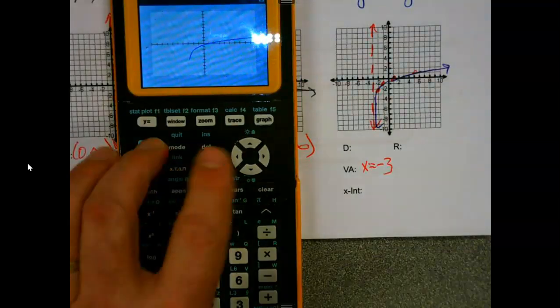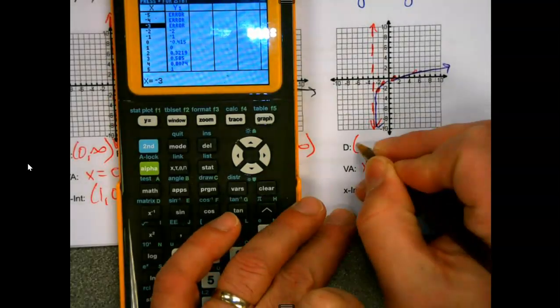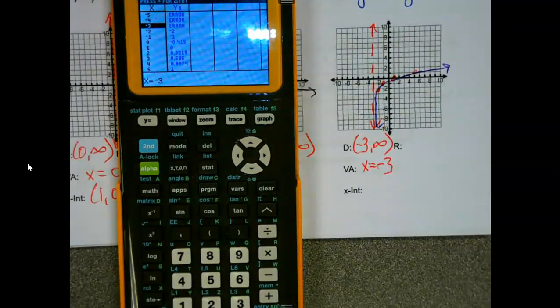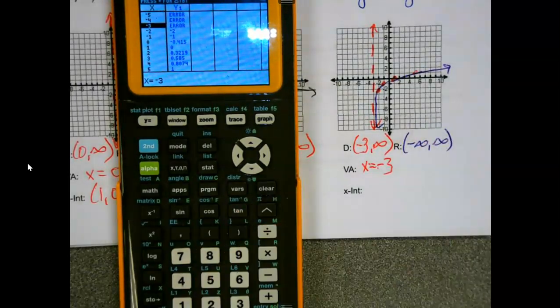And all the information that I need, I already have, basically. So I know the domain and the vertical asymptote are buddies. So -3 to infinity. Range still doesn't care. Range is like, that's nice. You shifted a bunch of stuff. Don't care. It's infinite. And my x-intercept, that's the one shocker maybe.